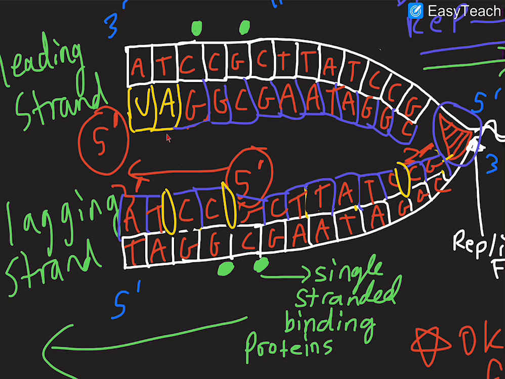And we also take out this primer, by the way. I just didn't show it because we were trying to focus on the lagging strand. But if I did show this, you would take out this primer, and then put the necessary DNA nucleotides on it.